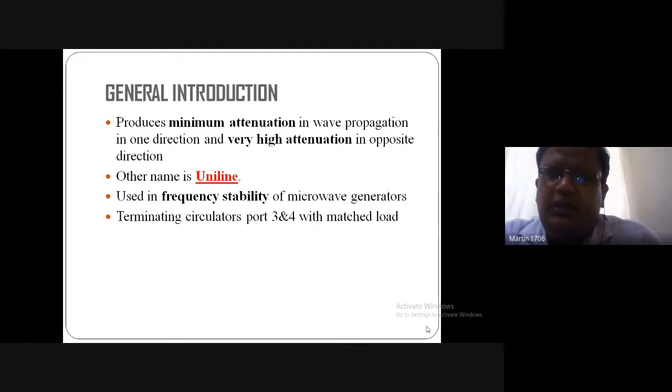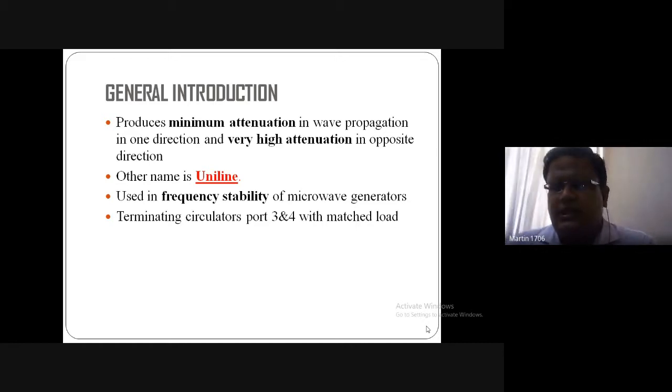Similarly, in another shop, he allows the people in a queue. So queue means what happens? Once the person goes one by one, he has to give the item on the other side. So only in one direction alone will he forward, and he is not allowing it in the other direction. Okay. So this device is also called the uniline, used for frequency stability.